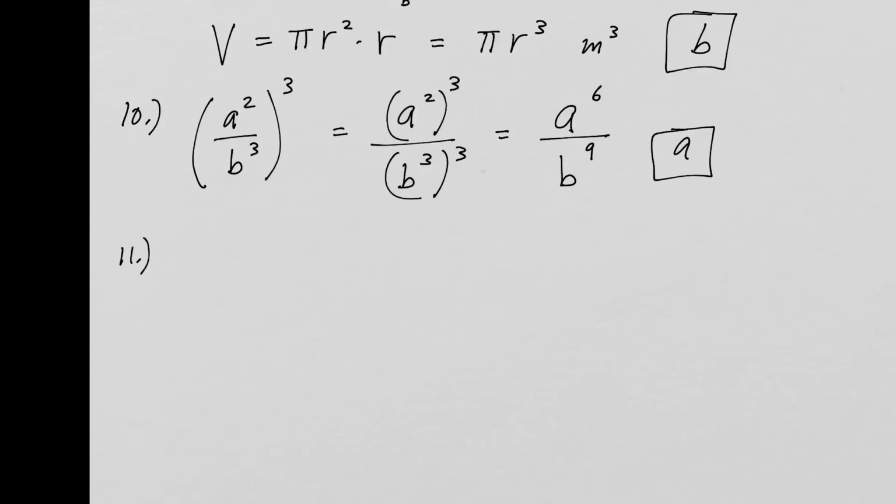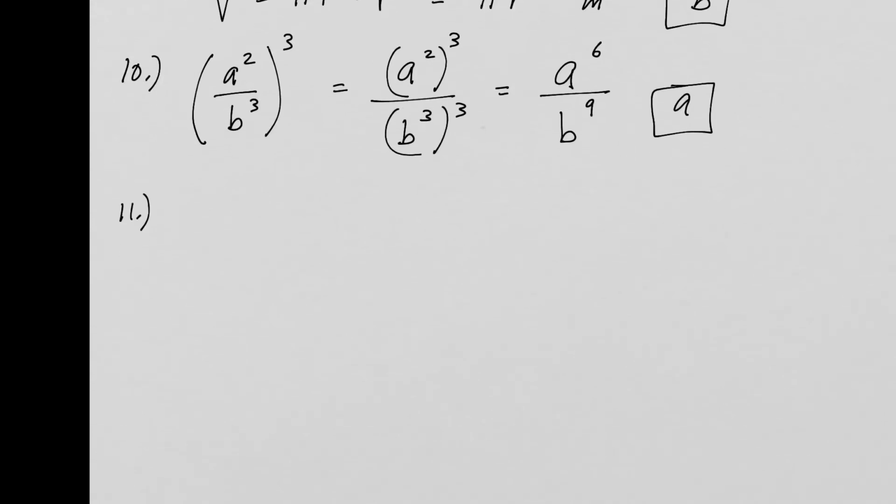Okay, 11. So in this case, I have negative 3m over n squared raised to the negative 4. Okay, so this one's going to be a little bit of work, but first thing, remember when I have a quotient raised to a negative exponent?